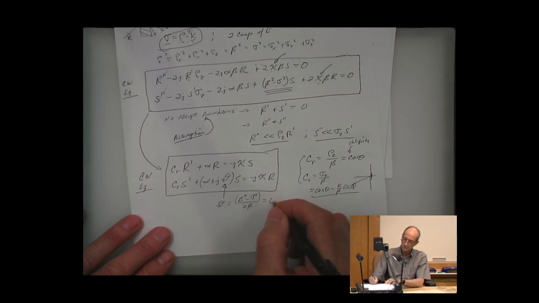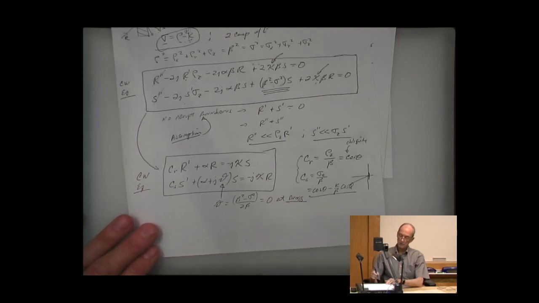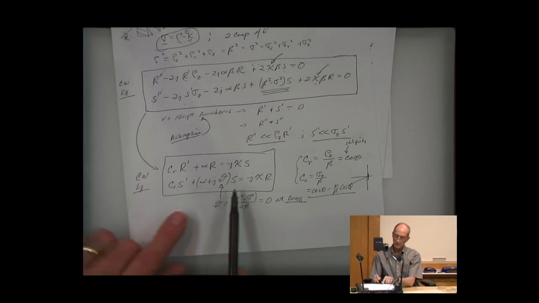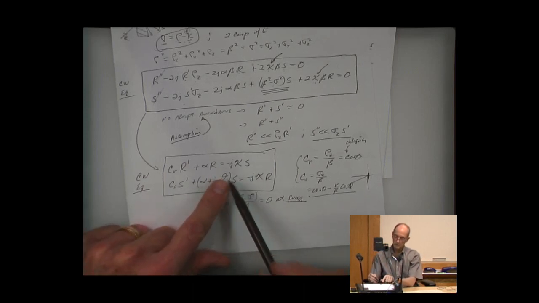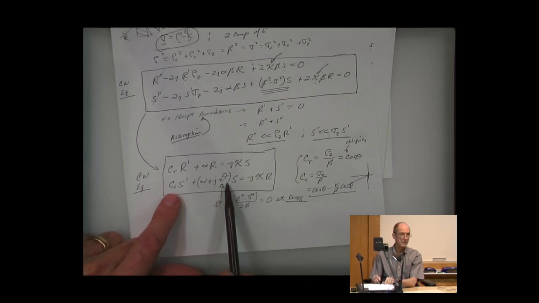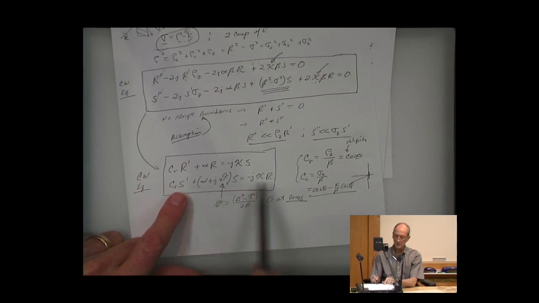So this equals 0 at the Bragg condition. And notice what happens if that term is 0, then this term in here is 0, which means there's less coupling back to itself. So there's a lot of coupling now between S and R.